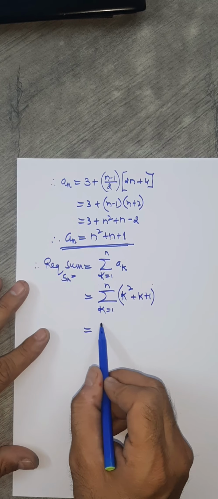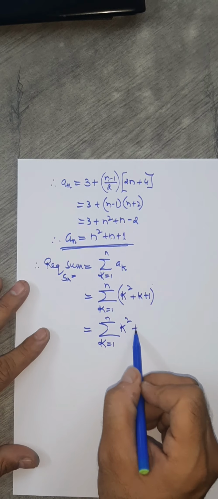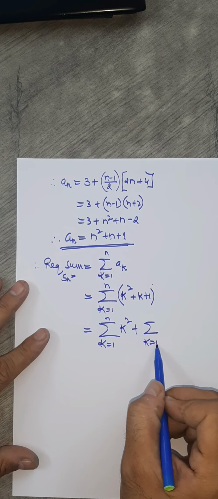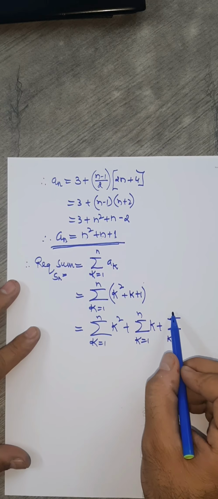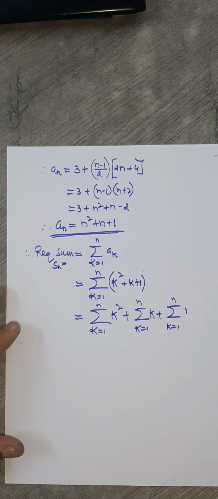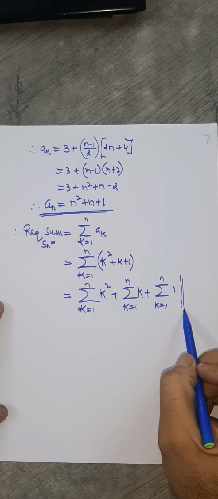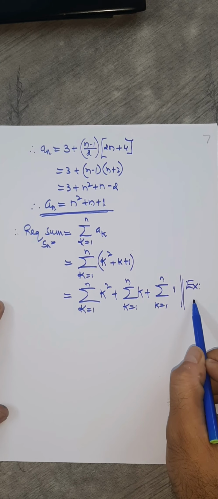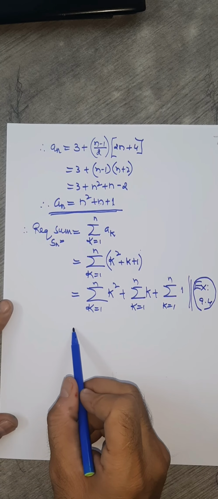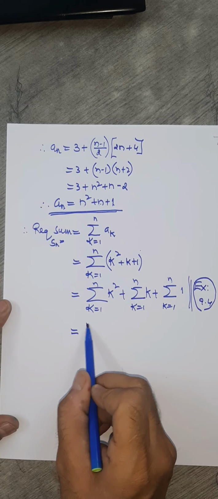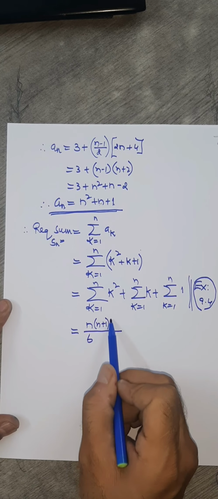Take the sigma inside. This is sigma k runs from 1 to n k square, plus sigma k runs from 1 to n k, plus sigma k runs from 1 to n 1. Fine? You know this is nothing but, which exercise? Just recall exercise 9.4. We had a number of such questions. What is this? If you remember, it is n by 6, n plus 1 into 2n plus 1.